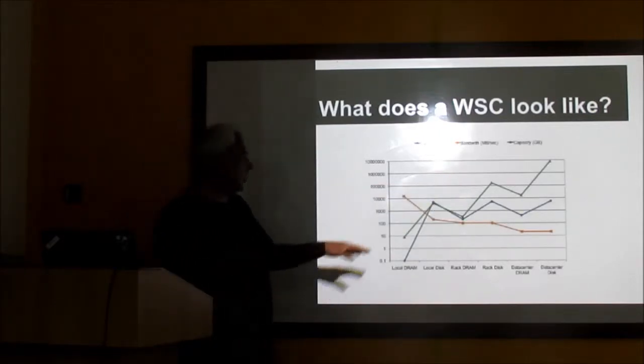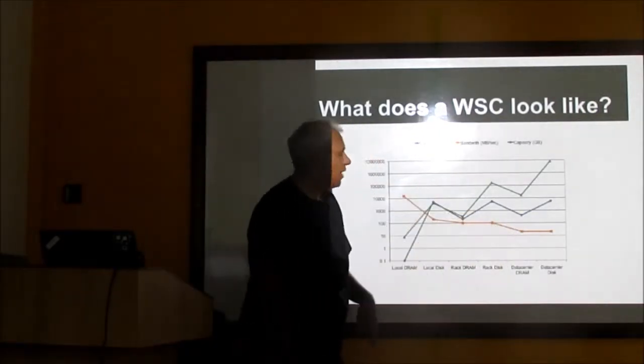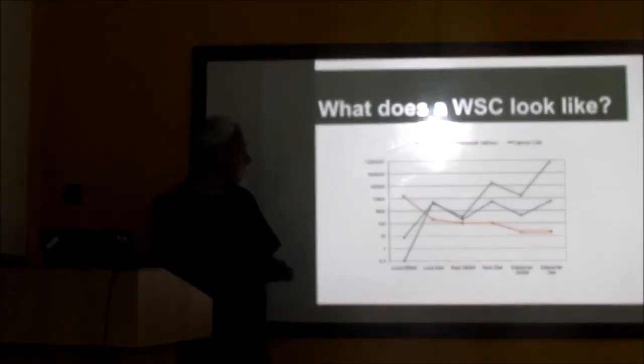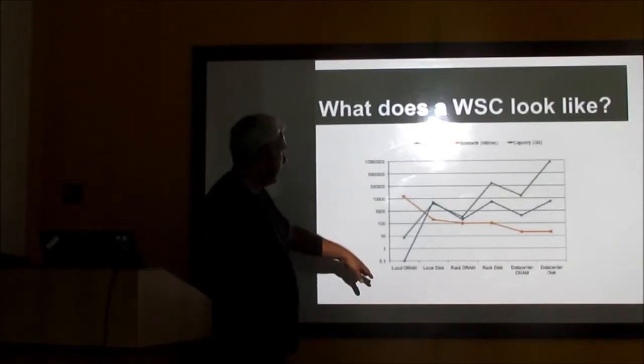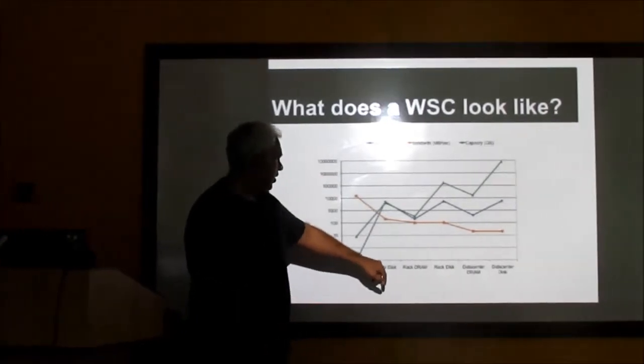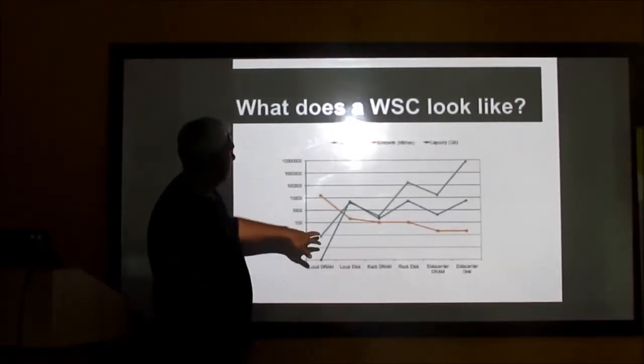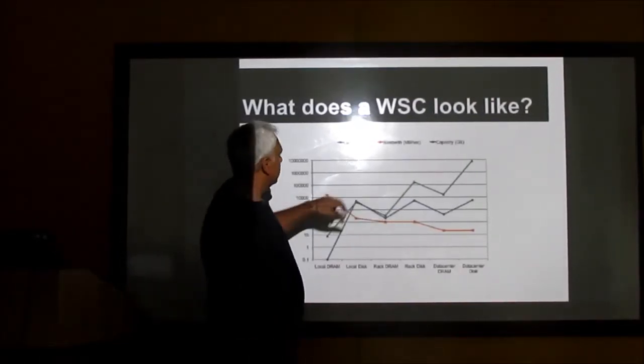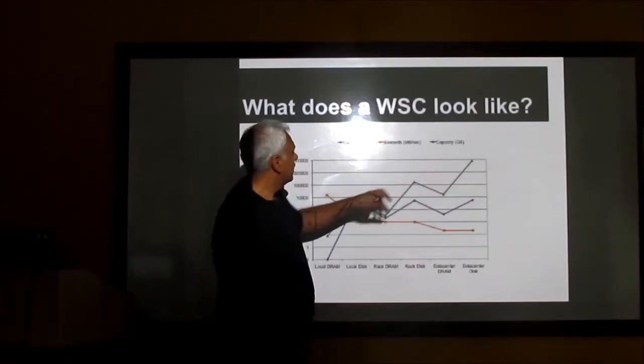Some things go up, and some things, bandwidth is actually getting scarce. What are the two axes? This is just magnitude. This is local DRAM, local disk, and you're looking at bandwidth, latency, and capacity.